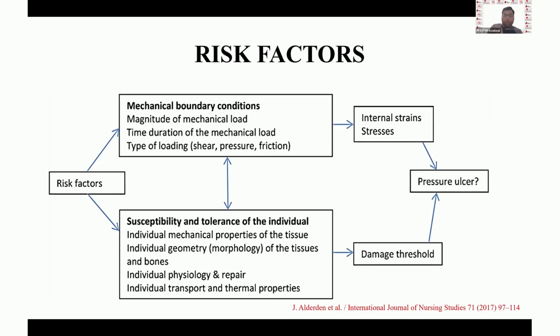Individual transport and thermal properties also cause a damage threshold. So all these internal strains and stresses and the damage threshold can lead to a pressure ulcer. These are the risk factors that can be avoided and stopped so that a pressure ulcer does not occur.